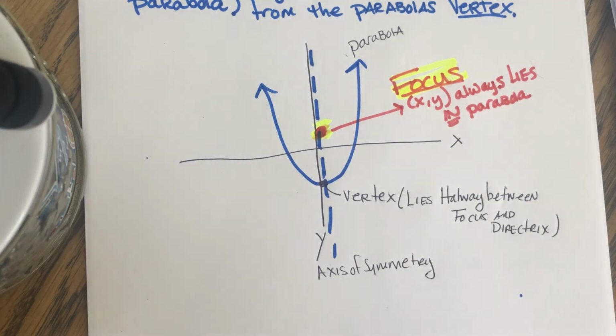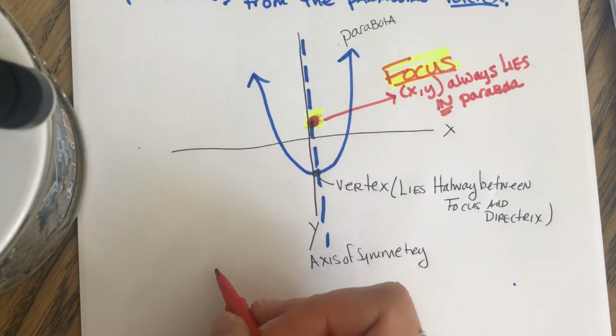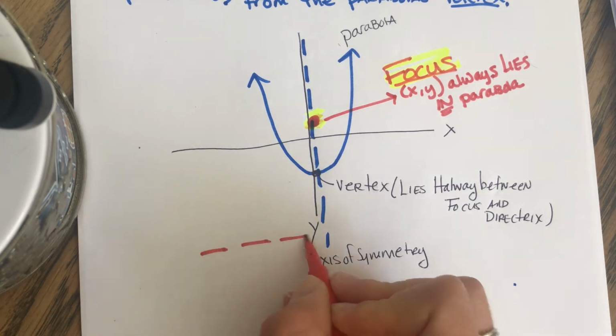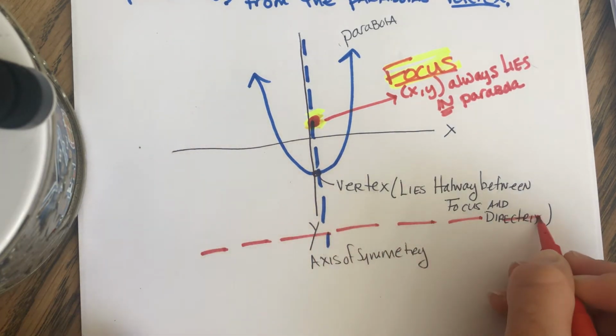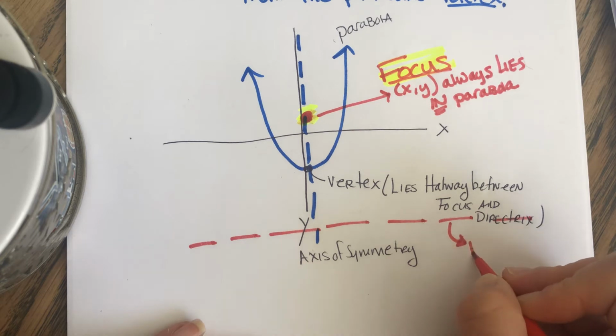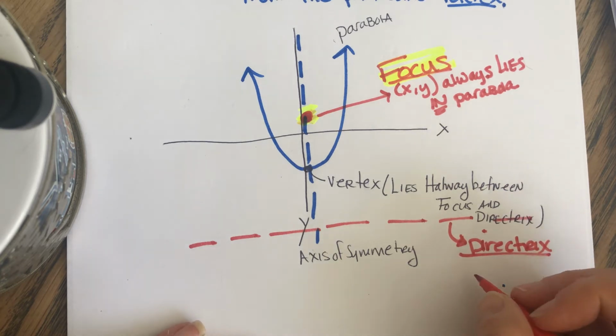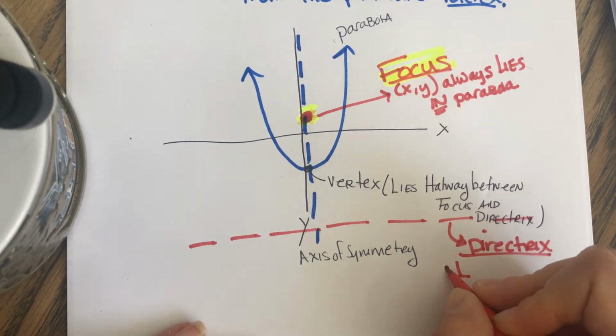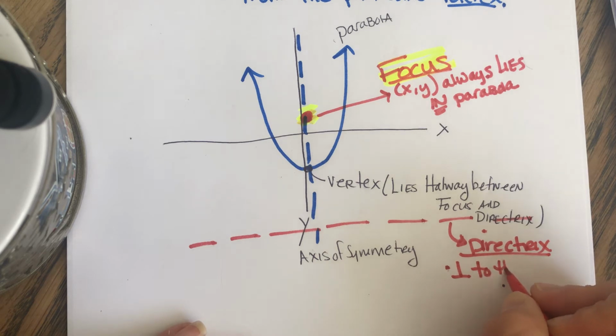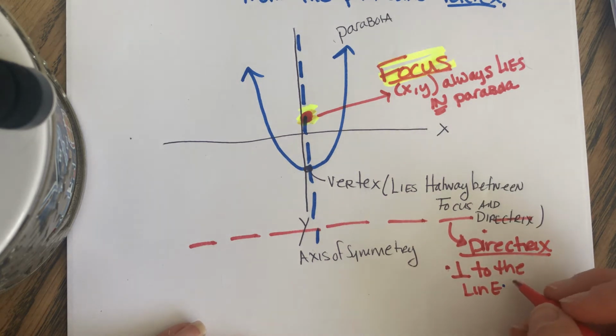And then what you have is the line, which is the directrix, is somewhere here, let's just say. So this line is what we call the directrix. And here's what the directrix is, just so you understand. It is perpendicular to the axis, which is a line of symmetry.